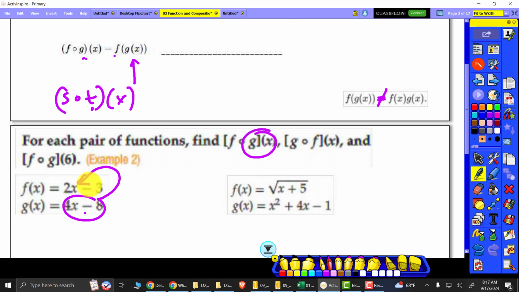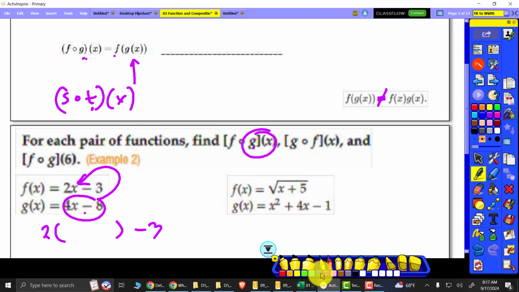So the order is very, very important. We have to emphasize that in f of g of x, this g of x will become the input of your function f. So all you need to do now is just replace your x by your g of x.